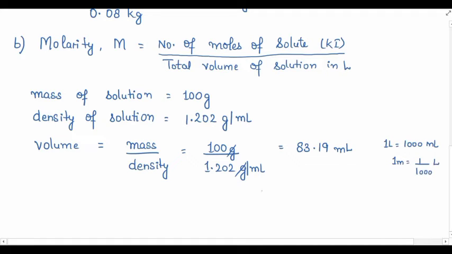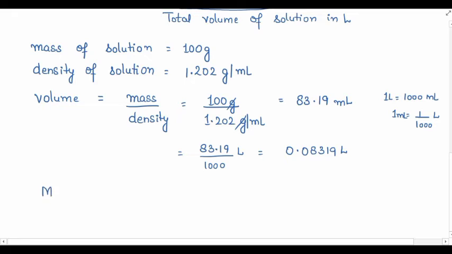So we divide 83.19 ml by 1000 and we obtain the final answer, 0.08319 liter. So student, in the previous part we found the number of moles and now we have found the volume. So apply the formula of molarity.